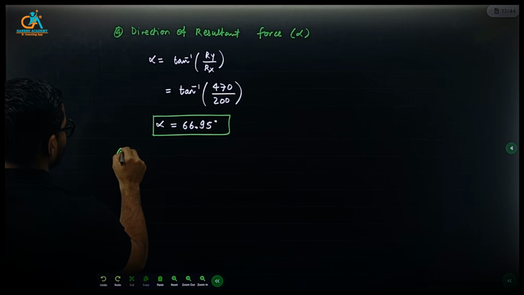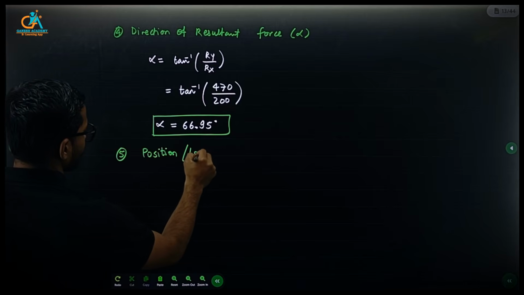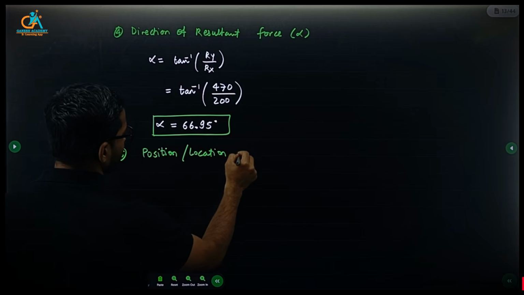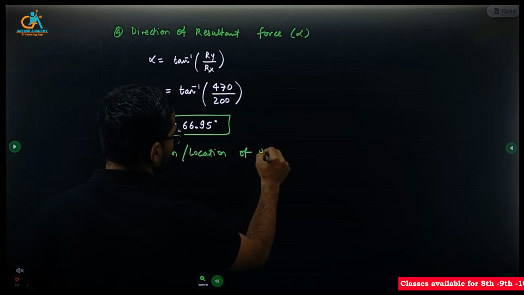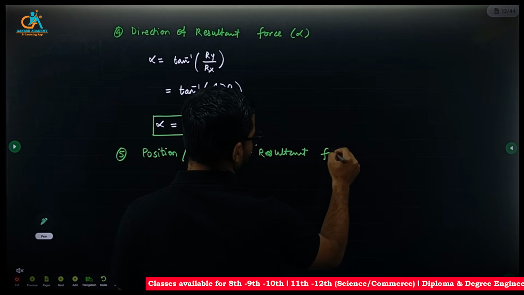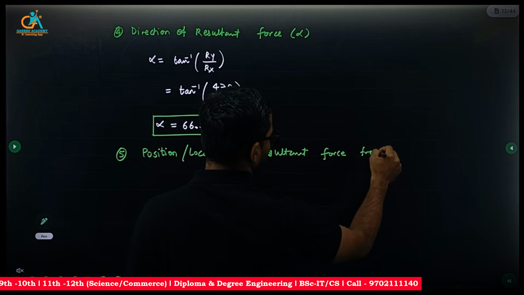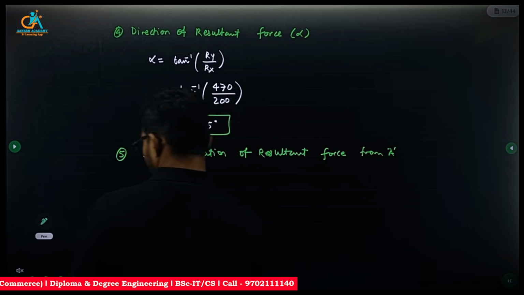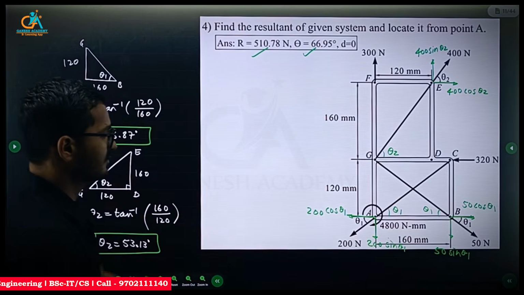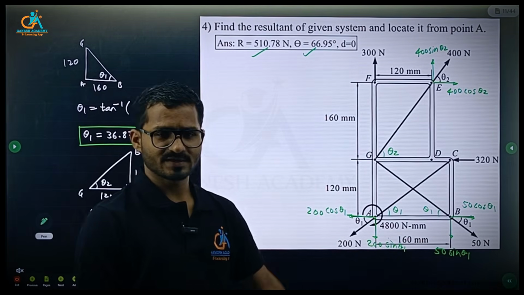And now the position, or you can say location, of the resultant force from A, this point A. Again we are going to consider Varignon's theorem.